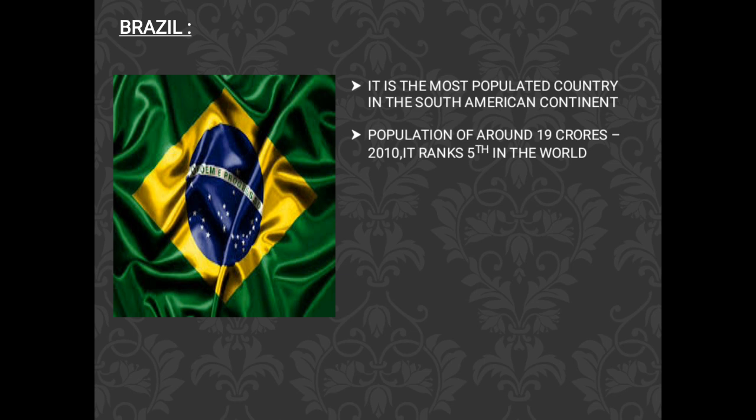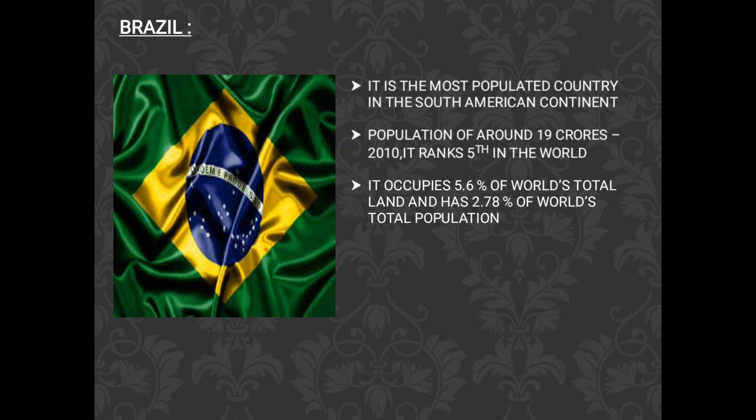It is also the 5th in the world with respect to area. Brazil occupies 5.6% of world's total land and has 2.78% of world's total population. Therefore, the density of population is around 23 persons per square kilometer.